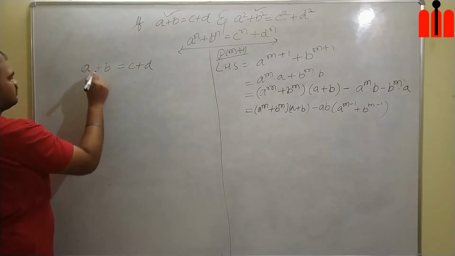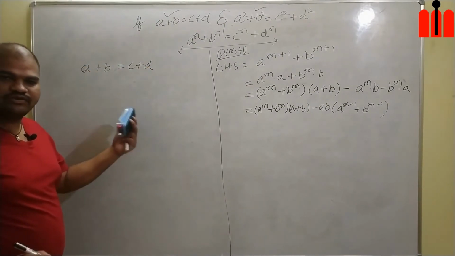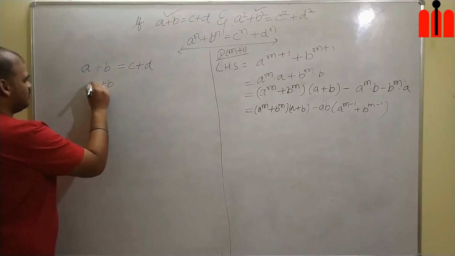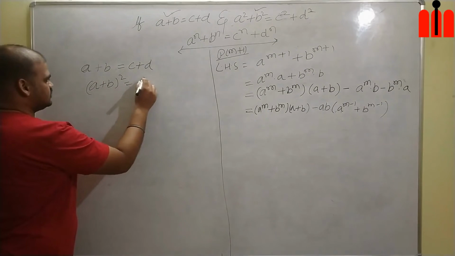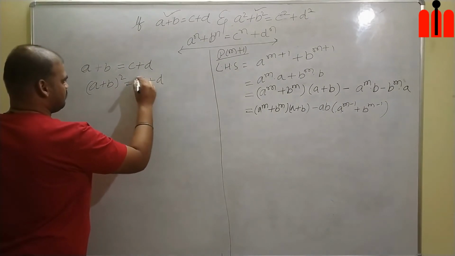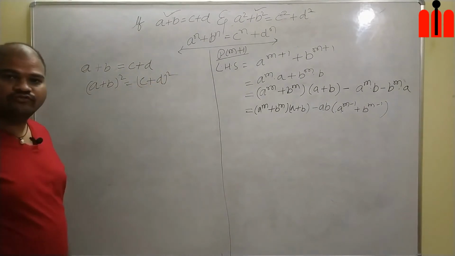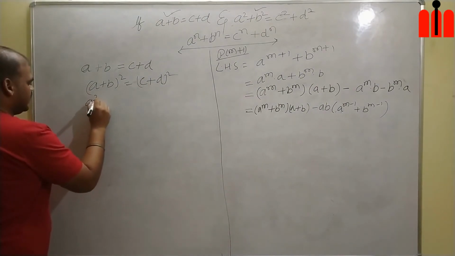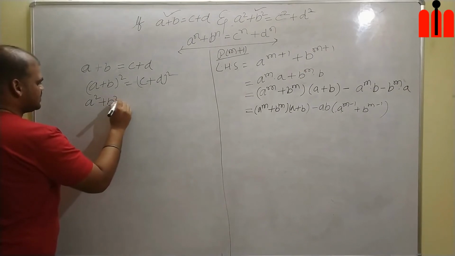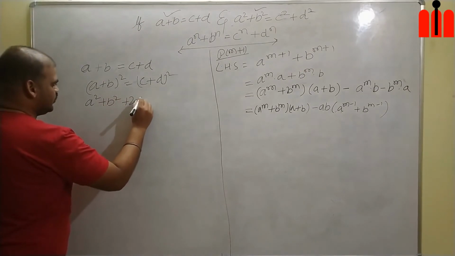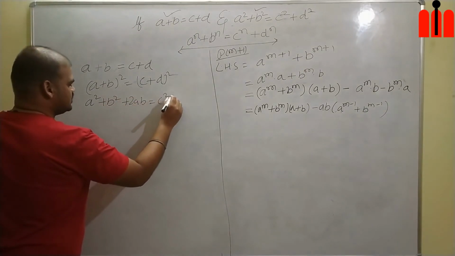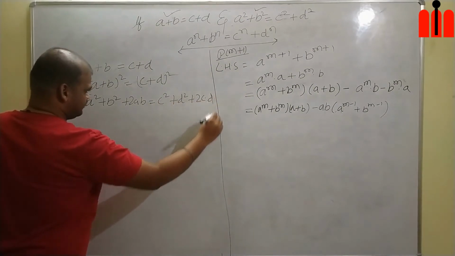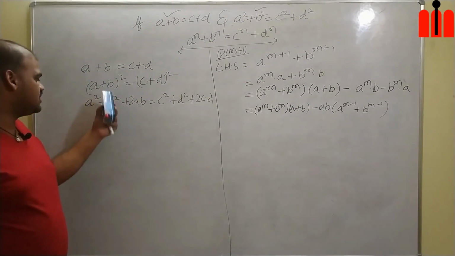This is provided in the given data. You just square these two terms. We will get a square plus b square plus 2ab is equal to c square plus d square plus 2cd. Okay, this is the a plus b whole square expansion.